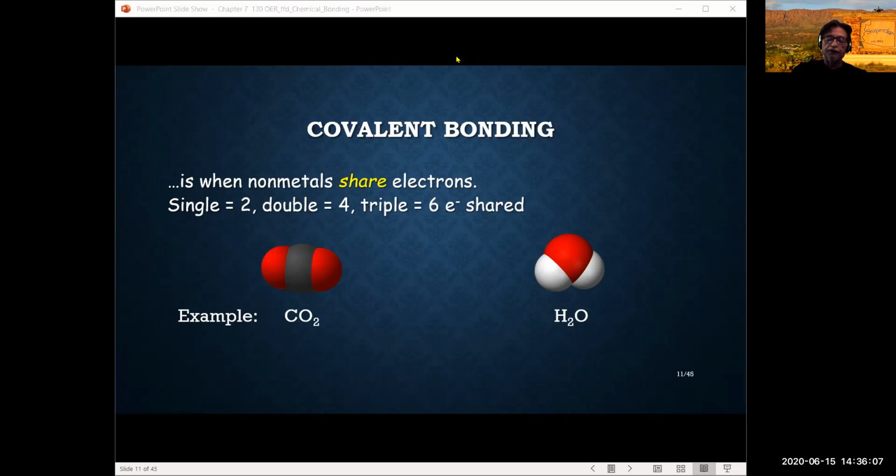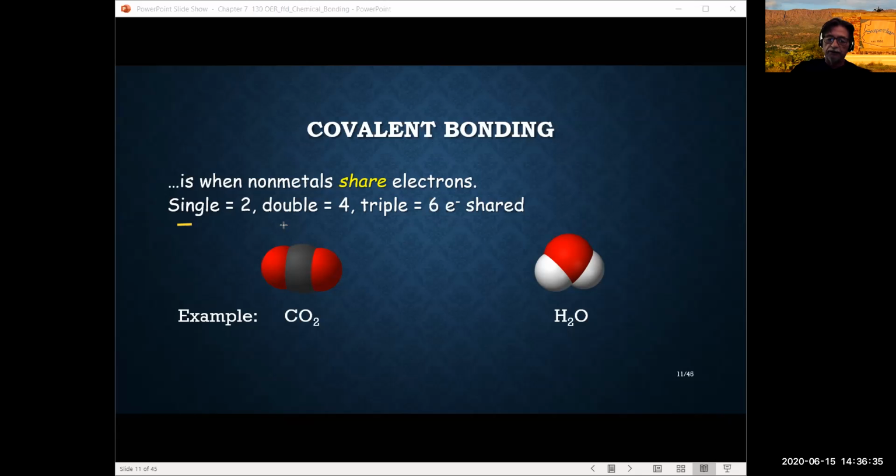Now, the way we denote that, hopefully I can draw a straight line here, to denote a single bond, you'll see a line written like that. Okay? That represents two electrons. And we can make two dots to represent a single bond, or we can just draw a line.